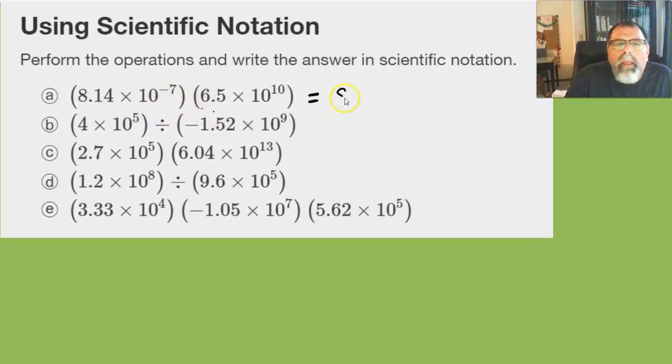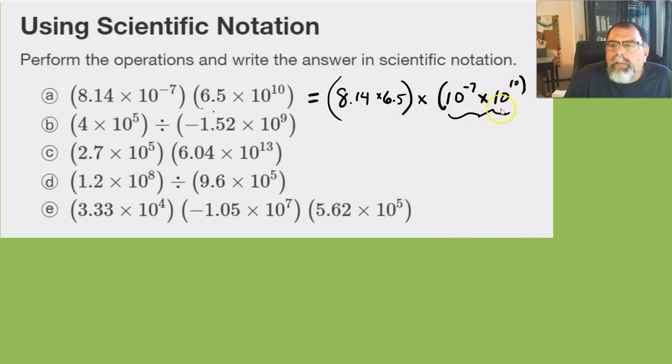So it'll be 8.14 times 6.5, which I'm going to figure out, times, and then I'm going to put the 10 to the powers together. On this one, I'm going to use exponent rules. Negative 7 plus 10 is 3. Then with the calculator, or by hand, depending on what it is, that is 52.91.